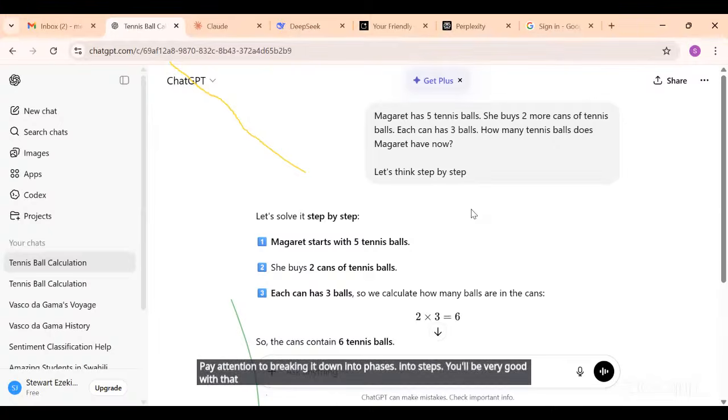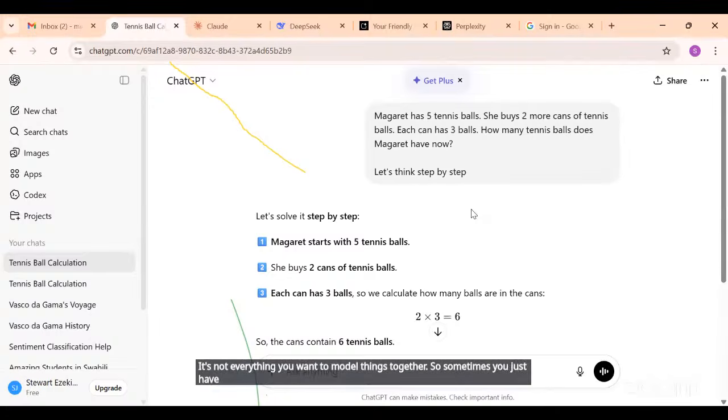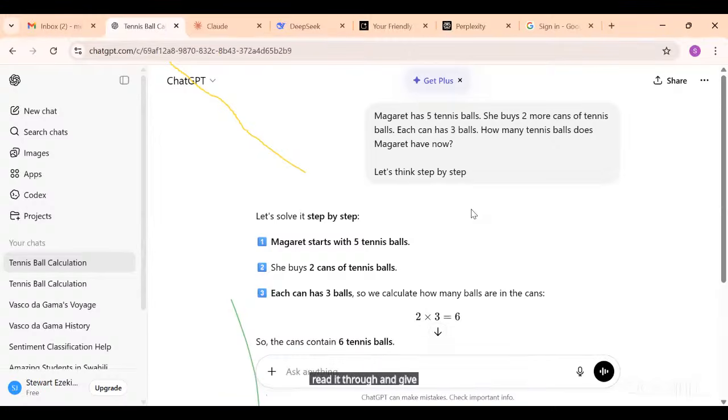It's not every time you want to mumble things together. Sometimes you just have to be able to break it down into phases, into steps, and say this one happened, then this one, just like that, so that it can follow that sequence, read it through, and give you a very good result. All right.